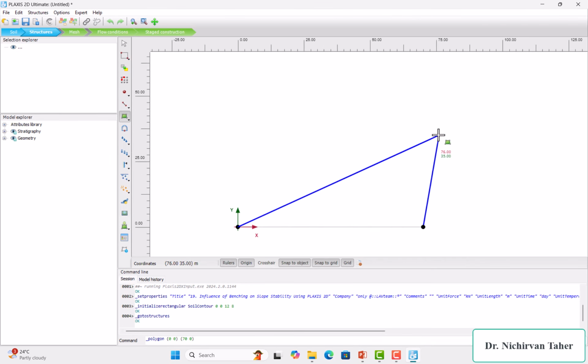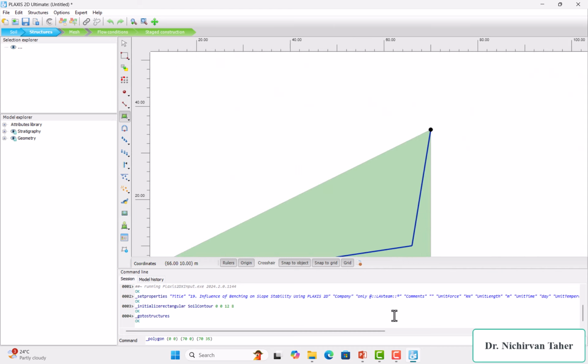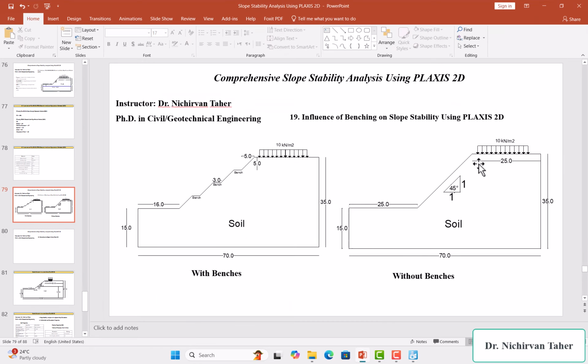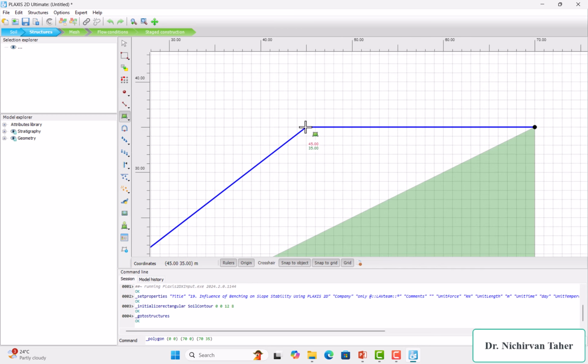So this coordinate will be 70 in X direction and 35 in Y direction. And in here we have 25 meters. So this point at the crest of the slope will be 45, because 70 minus 25 equals 45 meters. So this one is 45 by 35 in Y direction.